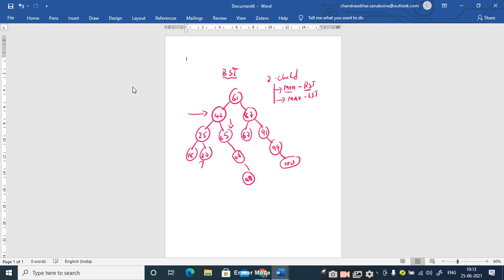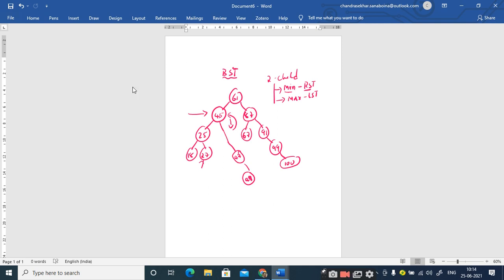So you just make this 45, or you swap. You replace this with 45. Once you are replacing this 42 with 45, what should you do? Here you are deleting this node. So the child node of 45 should be linked to the parent node, right? So what you will do is write like this.